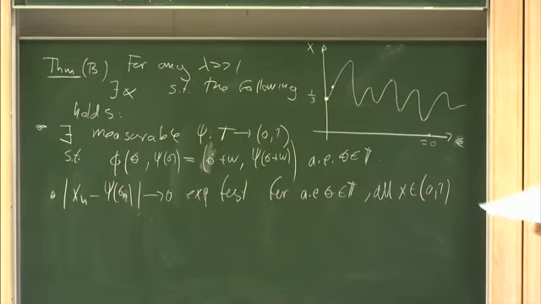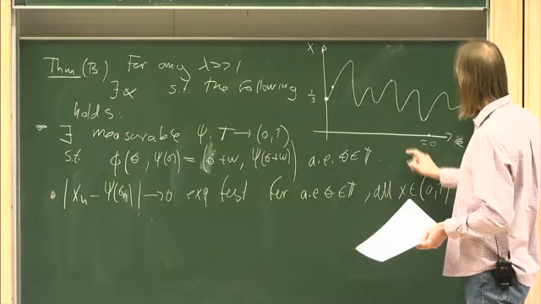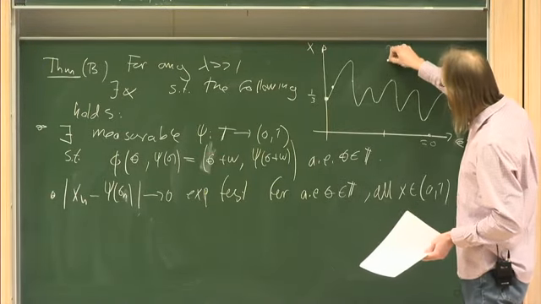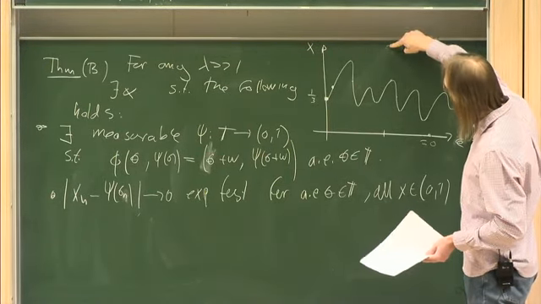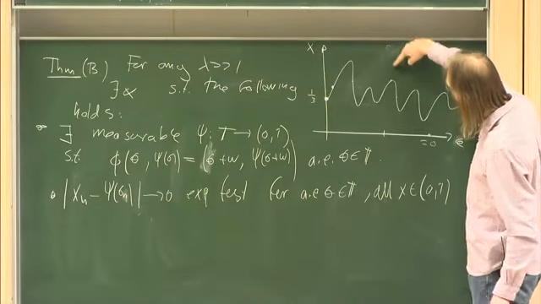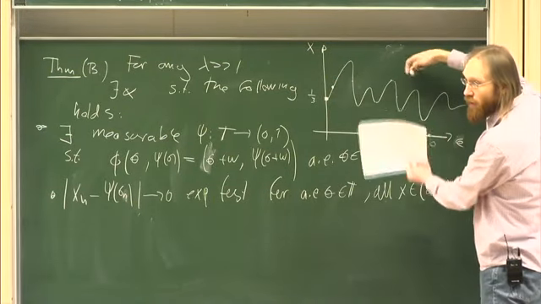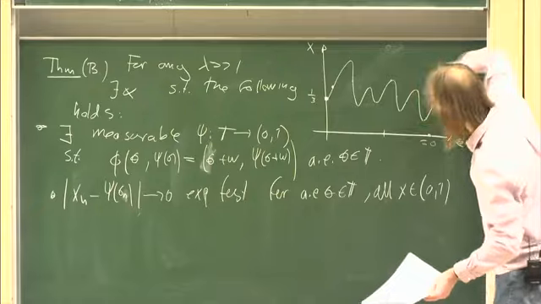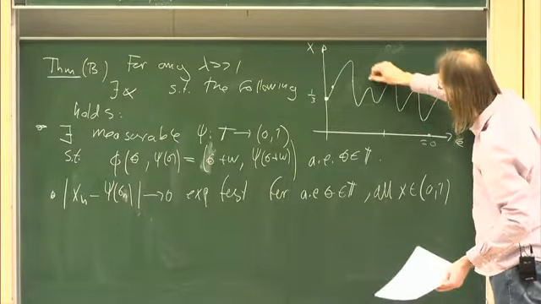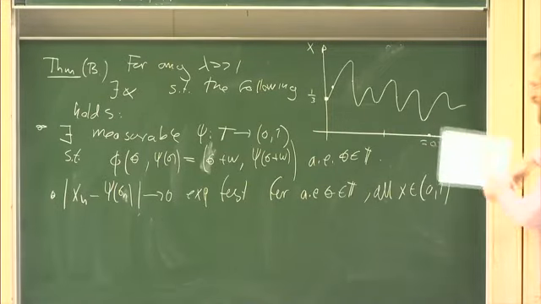So this means that for almost any theta, any point in the fiber will get attracted to this graph when you iterate. So it is an attractor. When you iterate, of course you have rotation in this direction, but then you get closer to this, and they go exponentially fast.